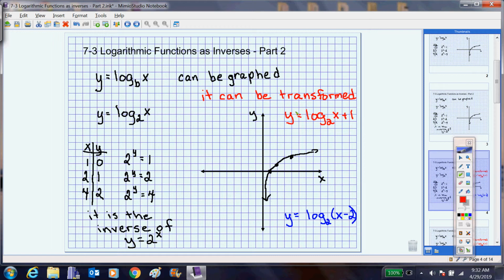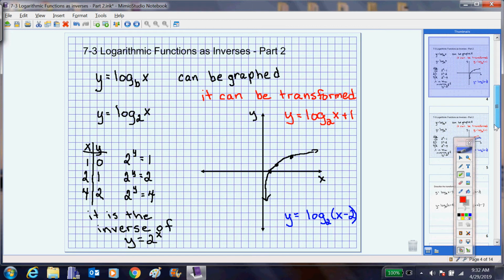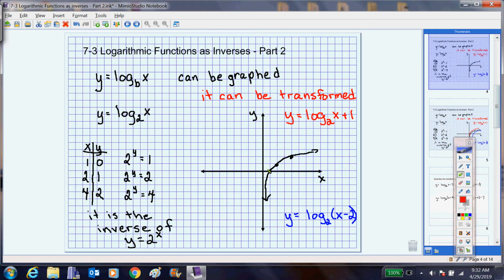So our transformation rules are the same as the transformation rules that we've had before. Here's our parent function. What do you suppose happens when we add 1 to the parent function? It's actually up. Thank you for saying.